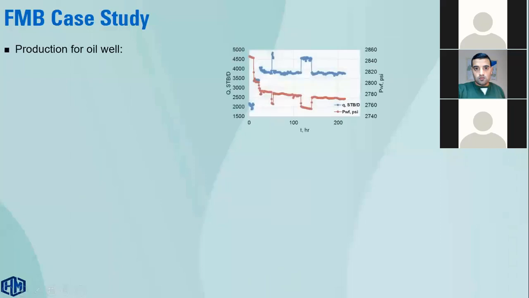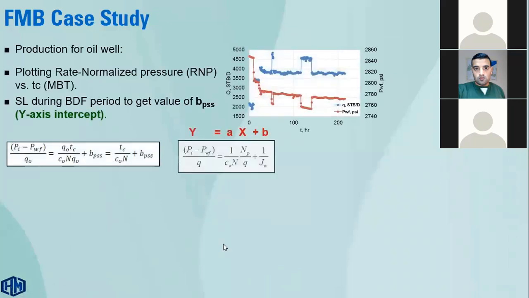To simplify this approach, this is a field example. For an oil well, as you can see, we have oil rate versus time and flowing bottom hole pressure versus time. The first step is to plot delta P over q versus material balance time.